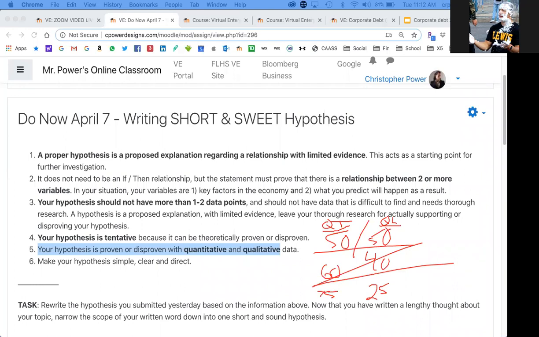And then what if I told someone the opposite? Who would take 100% qualitative data? No quantitative. Anybody willing to take that?